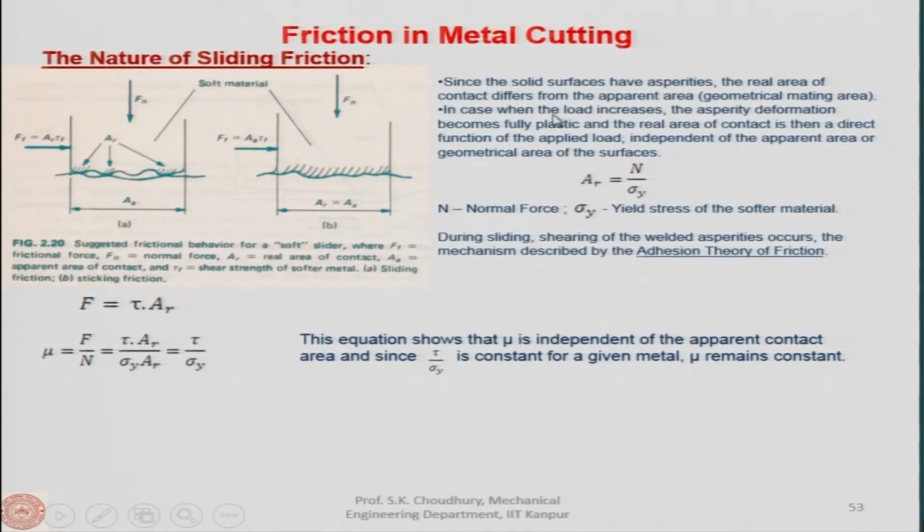Now, when the load increases, the asperity deformation becomes initially elastic and then fully plastic, and the real area of contact is then a direct function of the applied load, independent of the apparent or geometrical area of the surfaces.